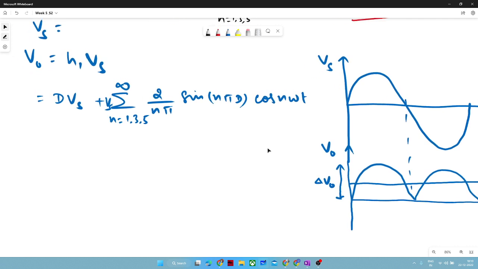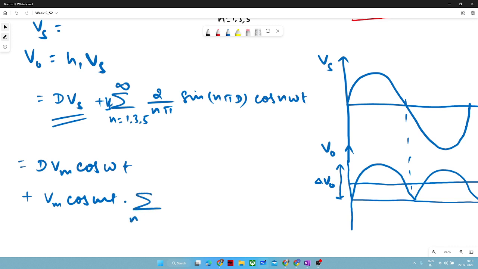So if I put Vs equal to Vm cos omega t, you will get dVm cos omega t plus Vm cos omega t into the sum of 2 by pi, 1 by n, sin n pi d cos n omega t. Okay.